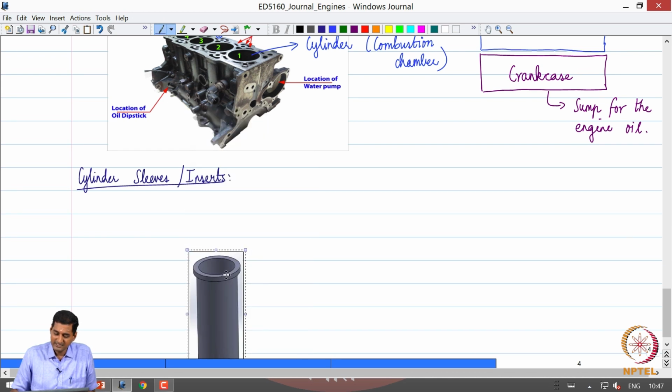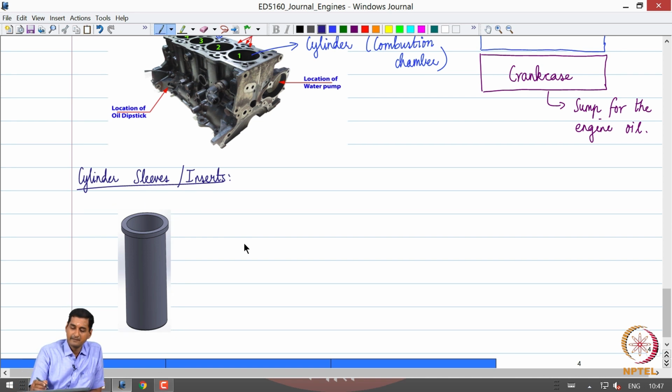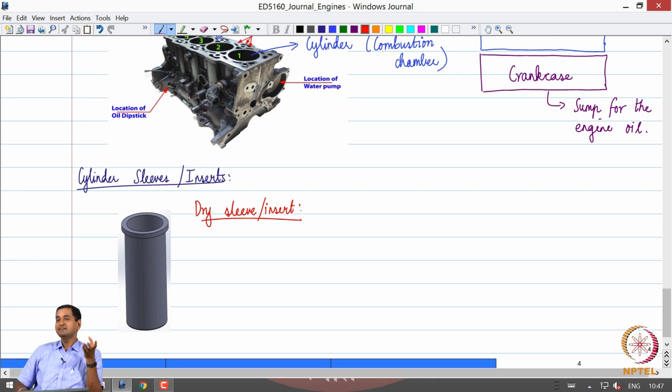This is what is called a dry sleeve, or a dry insert. You just put it inside the cylindrical cavity and let the piston move inside, that is about it. Then if this gets worn out, you just take it out and replace it, that is it.